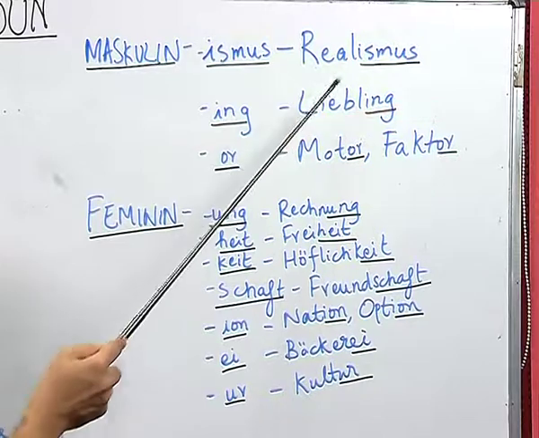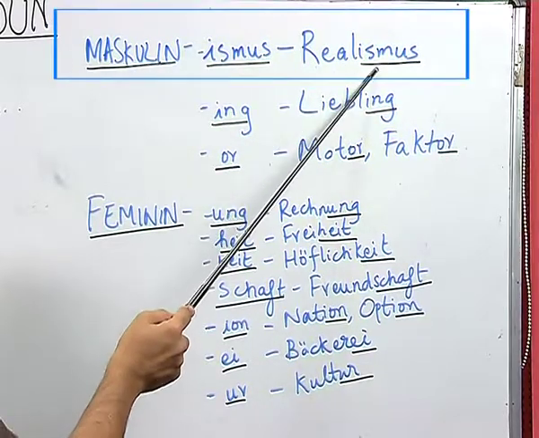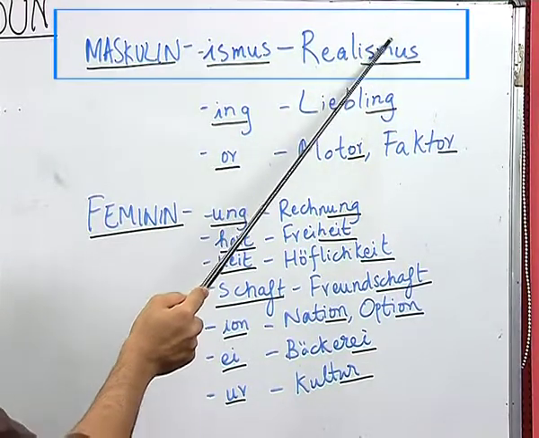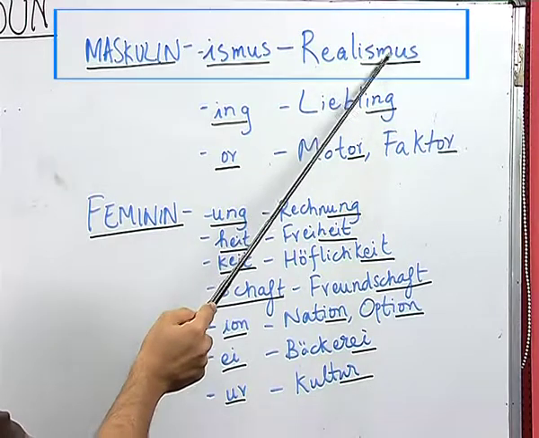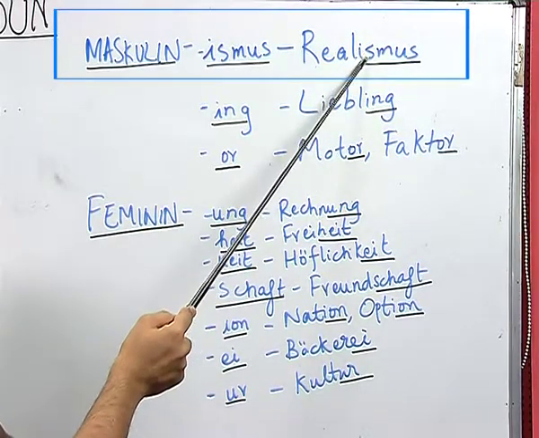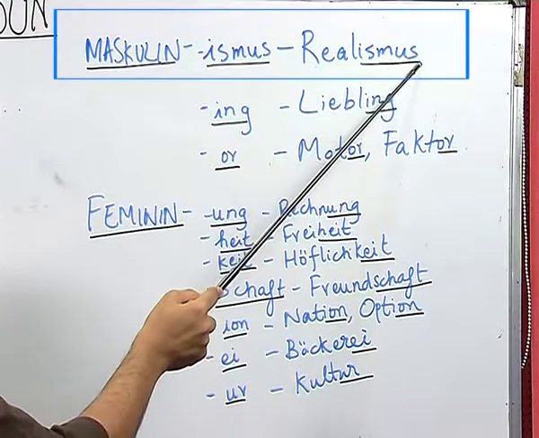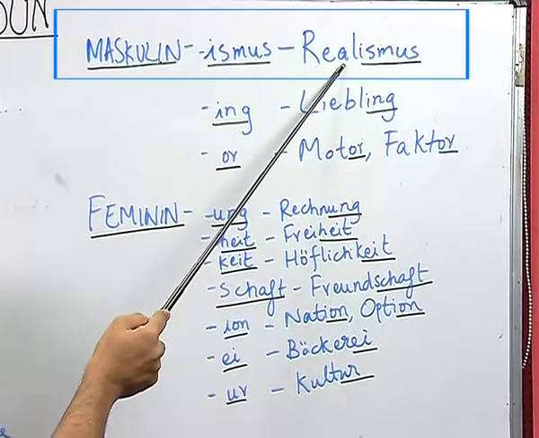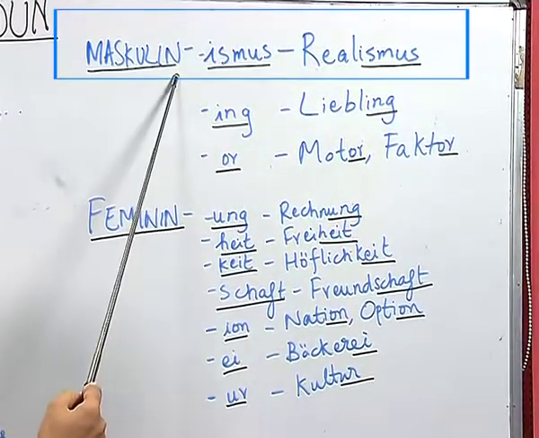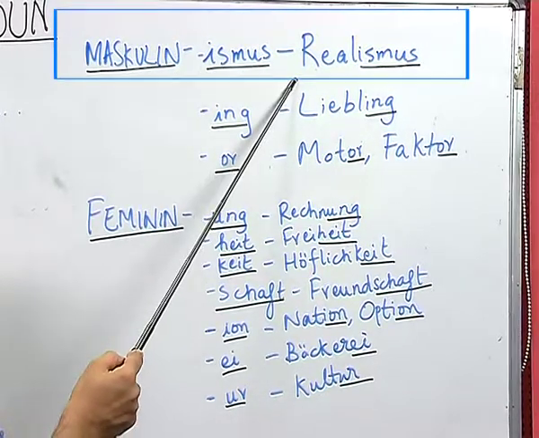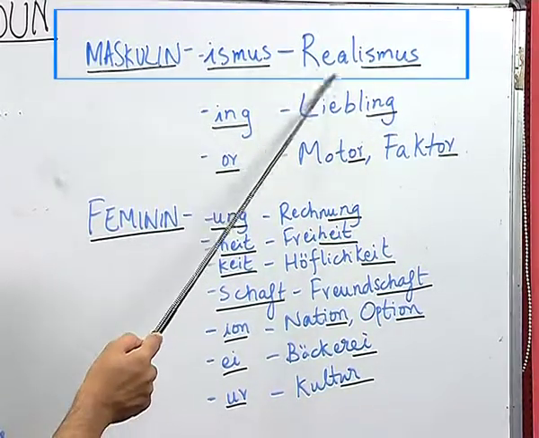For example, this word Realismus contains the ending -ismus. So, this word belongs to the masculine category, and therefore the article would be der Realismus.